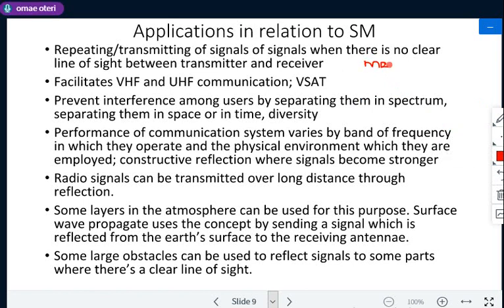You also have meteorites, but in most cases, when they don't get to the Earth's surface, we call them meteors. These can be used in the transmission. When the signal gets to this point, it can be refracted and scattered in many directions. That way, you're able to get it in locations where you could not otherwise receive the signal.